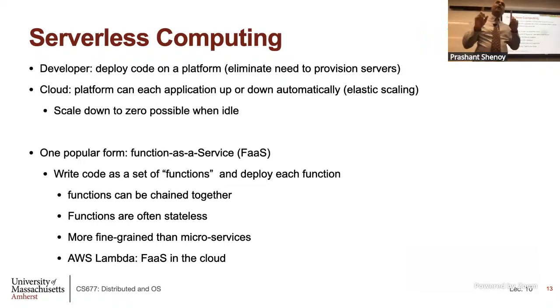Okay? But the main difference comes in how you write the application. With the platform as a service cloud, you can bring any Java application or any Python application, and they will give you a way to deploy it. In a serverless computing environment, you have to write your application code using a model that's called function as a service.